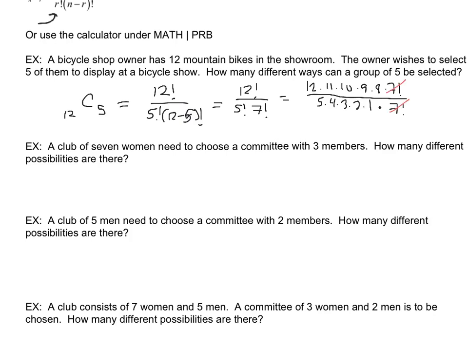So I can certainly cross out the 7 factorials, but I get a bunch of numbers on top and bottom. So what I do is I just try to cross them out as integers. For example, 5 times 2 is 10, so I'll just cross out the 5 and the 2 and the 10 on top. 4 times 3 is 12, so I'll scratch out the 4 and 3 on the bottom and the 12 on top. So really I'm just left with 10 times 9 times 8, which is 792. Now again, you can, of course, use your calculator for this, but using the factorial notation is really not too tough.